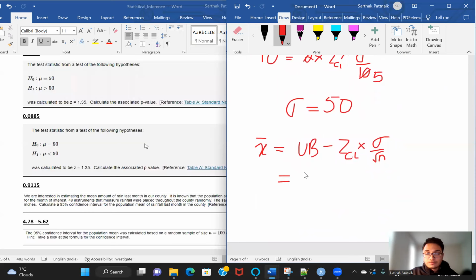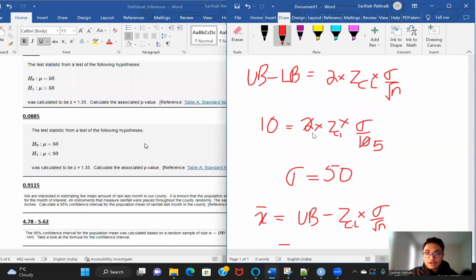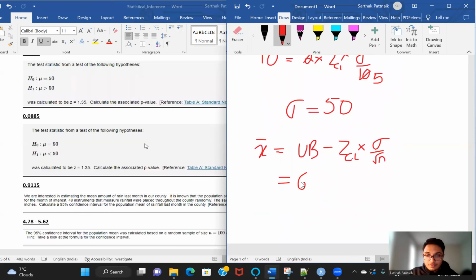This is nothing but equal to, my upper bound value is 65 minus Z critical, sigma is 50, this is going to be 10, so this is going to be 5.